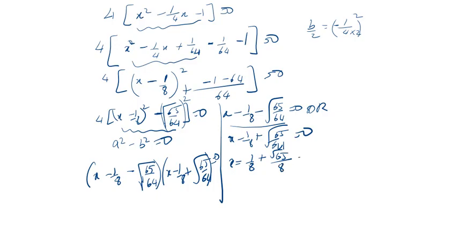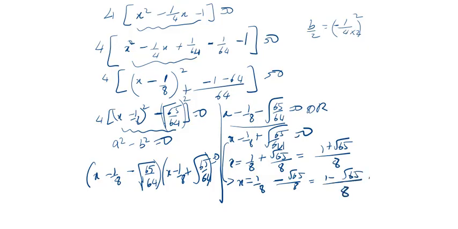So that will become 1 plus root 65 by 8. Now we'll work on this bit. So this becomes x is equal to 1 by 8 minus root 65 by 8, so that's 1 minus root 65 by 8. Okay, so this is how you solve by completing the square.